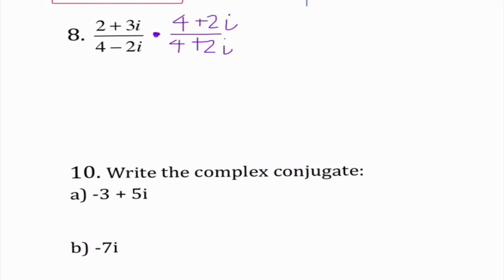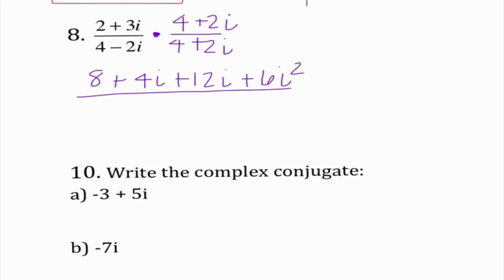Now I'm going to FOIL the numerator, so I would get 8 plus 4i plus 12i plus 6i squared. In my denominator, when I FOIL, I get 16 plus 8i minus 8i minus 4i squared.